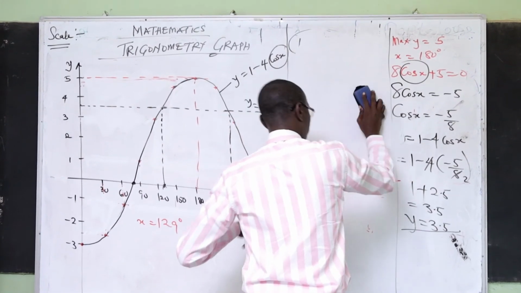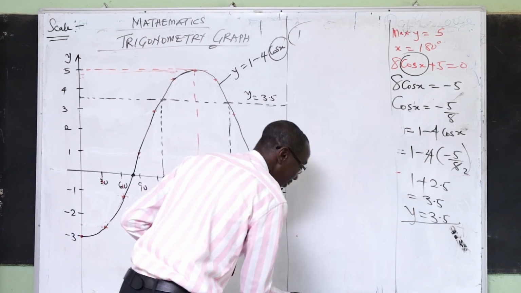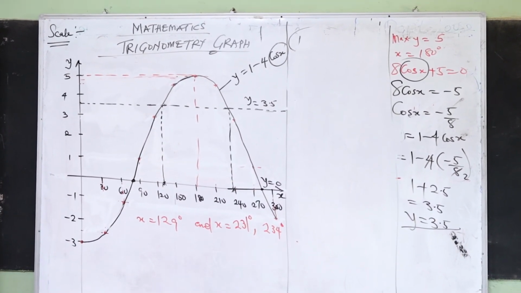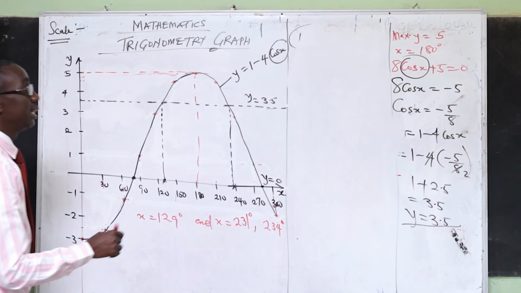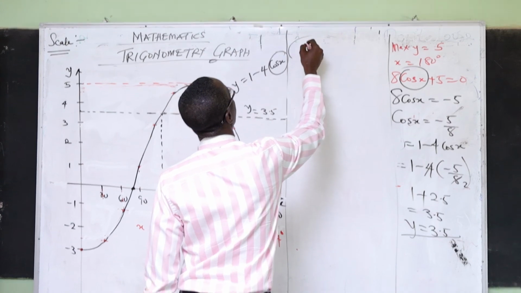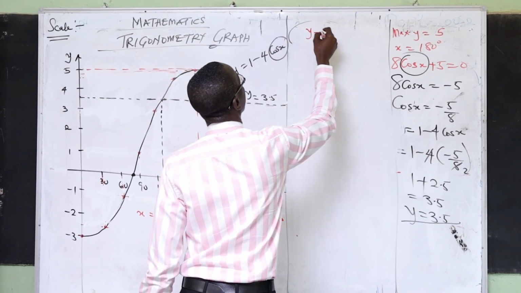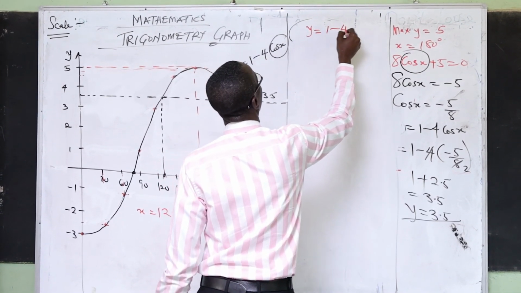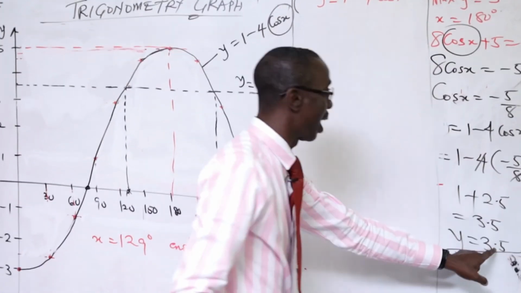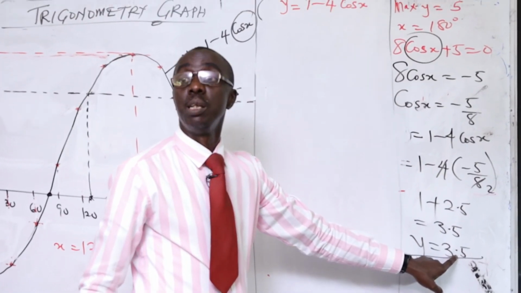Please, I hope we are still together. Yes, sir. Great. The equation is y is equal to 1 minus 4 cos x. But the answer we should get now for y should be 3.5.